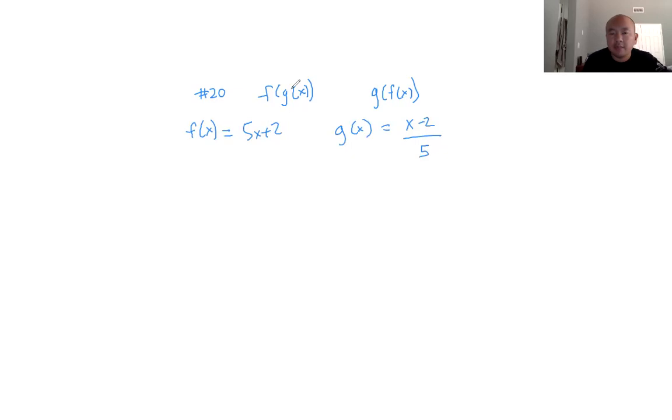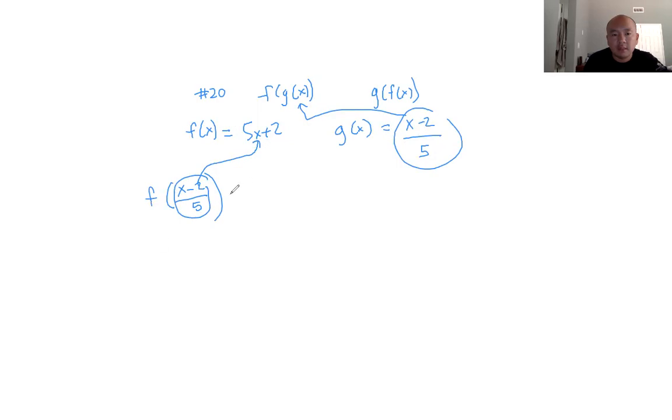Okay, so let's evaluate both of these here. This goes inside here, so it ends up becoming f of x minus 2 over 5. Right? And then let's evaluate this. Let's plug in the x minus 2 over 5 for this variable here because this is the f function.